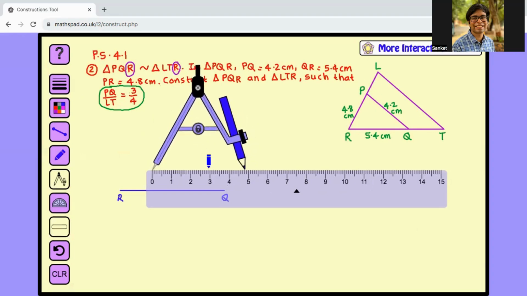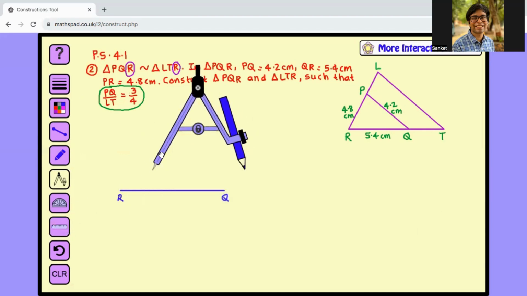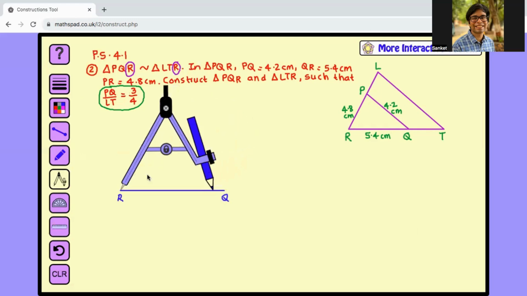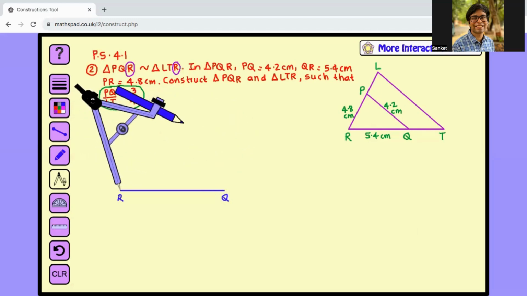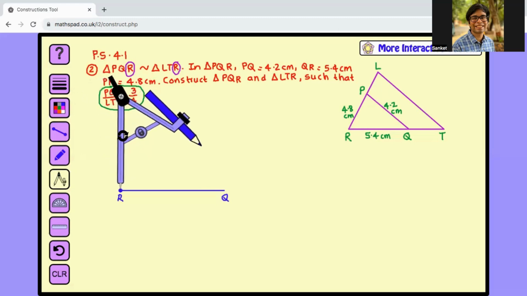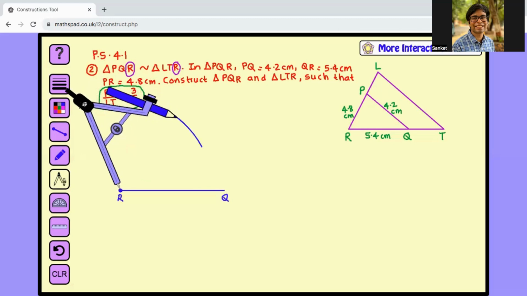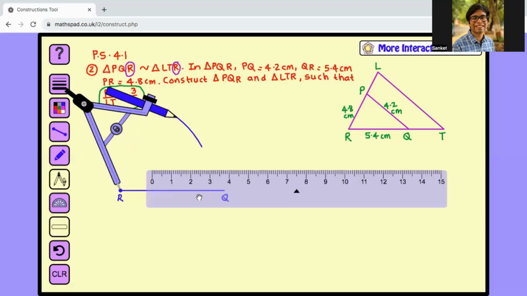Here is 4.8 centimeter, keeping the scale away. Making an arc. Bringing my scale back again.